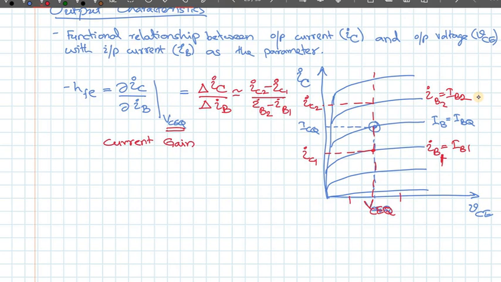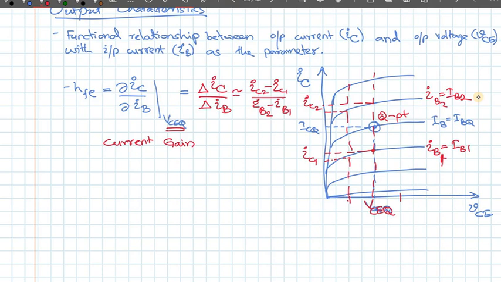But unfortunately, practically that is not the case. If you change VCEQ, say for example here, then your differences may not be the same. So it is possible that they change with the Q point.